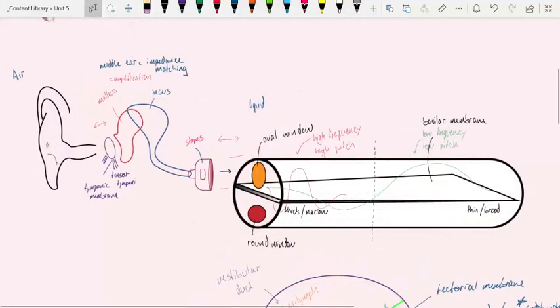As that tympanic membrane oscillates back and forth, vibrates like a drum, it goes through the middle ear as a mechanism for impedance matching or amplification of the signal, converting all of that movement into the movement of the stapes. The stapes is directly connected to the oval window and starts moving the oval window back and forth. That back and forth movement generates a pressure wave inside the inner ear, the cochlear duct, specifically, I guess, the vestibular duct.